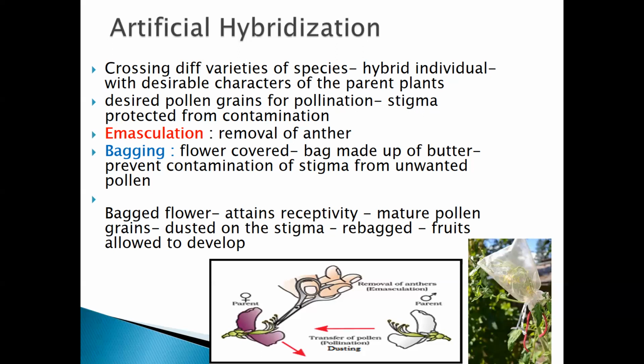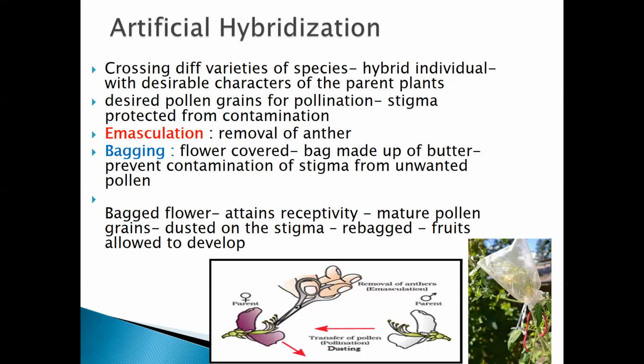Once we do the crossing, it is to get a new hybrid variety, a desired variety. Desired means which you want to make, which you want to invent or discover. For that reason hybridization is done.